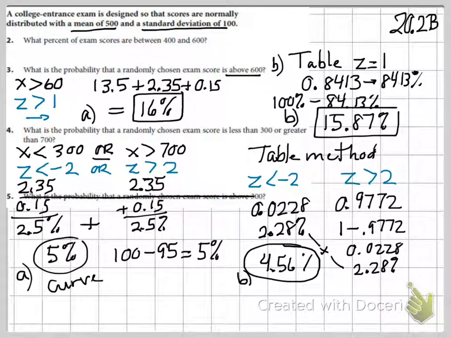Yeah, it could be not perfect, but close. The only time you'll ever see these two methods giving you exactly the same answer is if you're right at 50%, which means right at the mean. In this case, the mean was 500. If they asked me a question about 500, I'd have that.